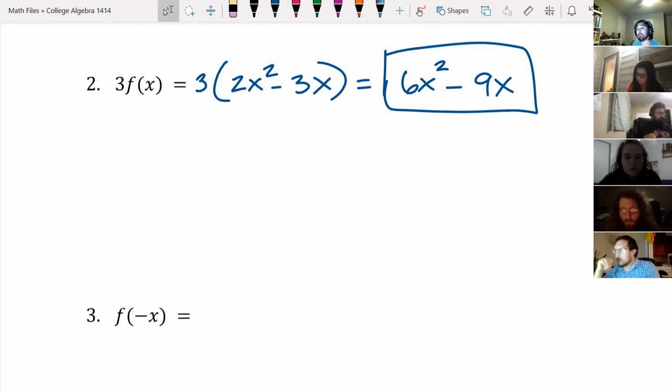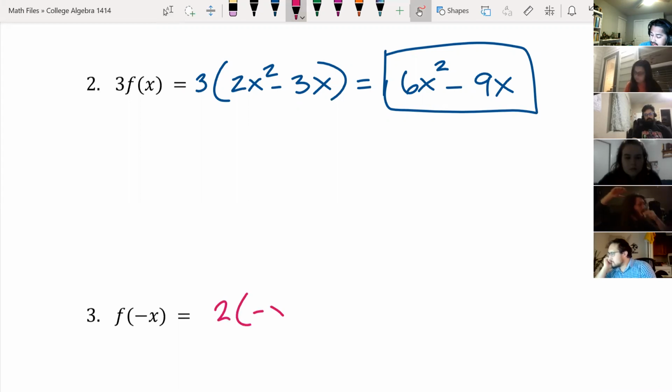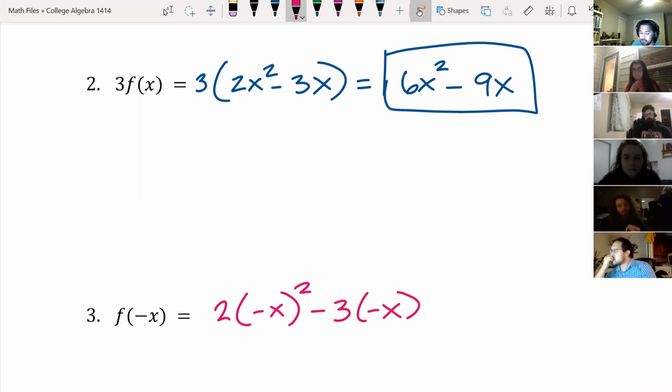Next is f at negative x, or f of negative x. So once again, we're now going to take negative x and plug it in for every x into the original function. So this will look like 2 times negative x squared minus 3 times negative x. So we plug a negative x in for every x in the function.